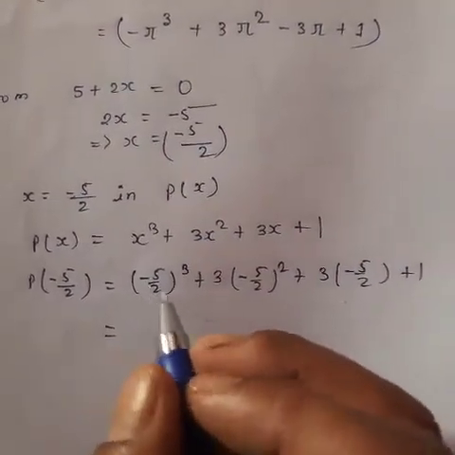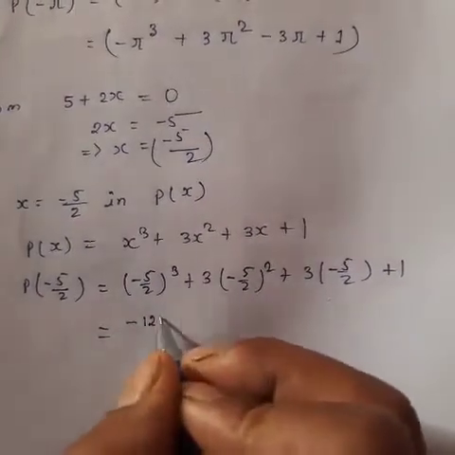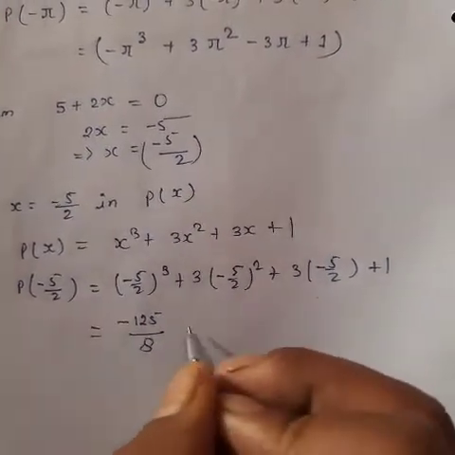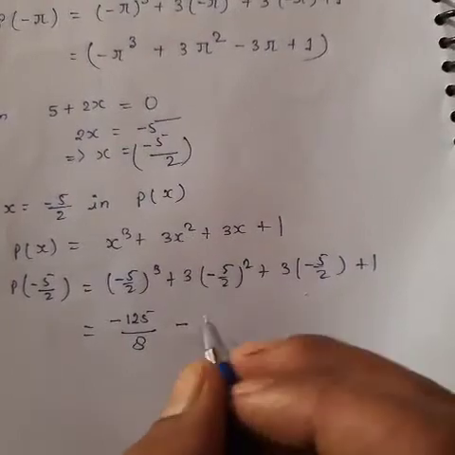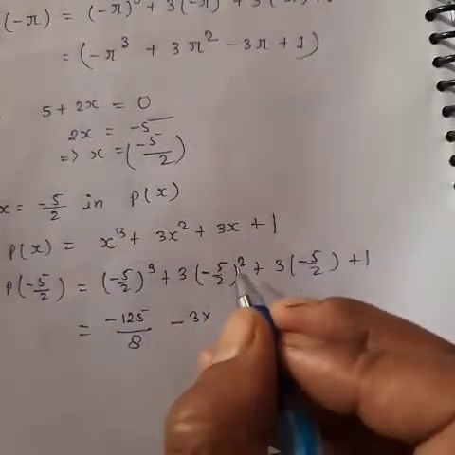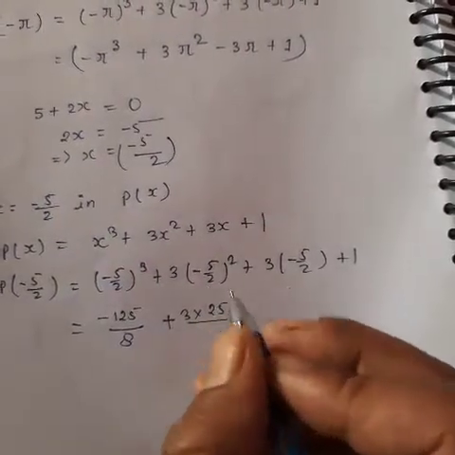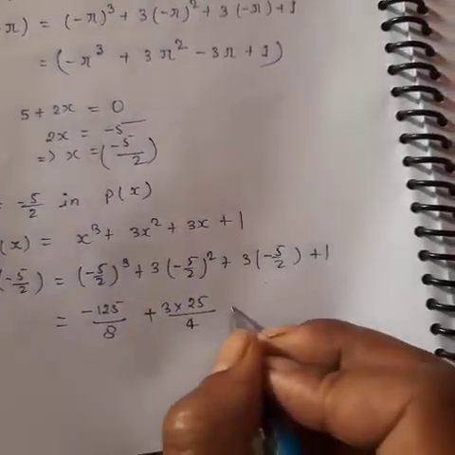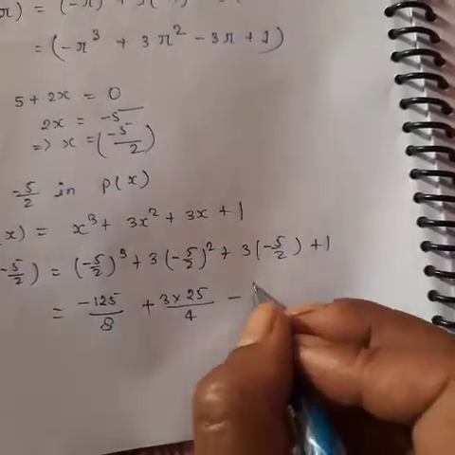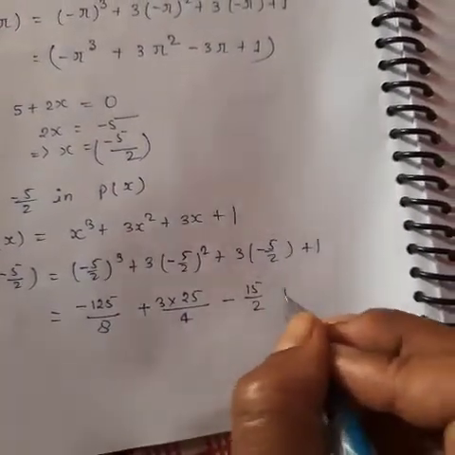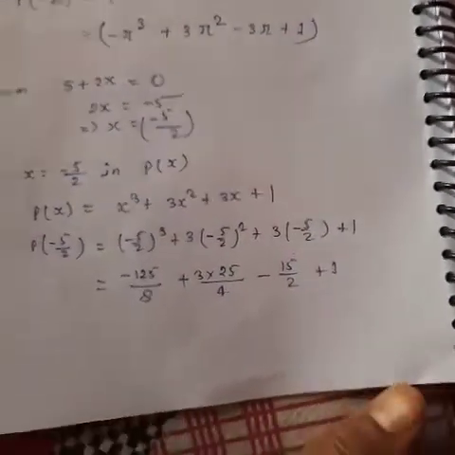So minus 5 into minus 5 into minus 5 is minus 125 upon 8. Minus 5 into 5 is 25, upon 2 into 2, 4. Minus 3 into 5, 15 upon 2, plus 1.